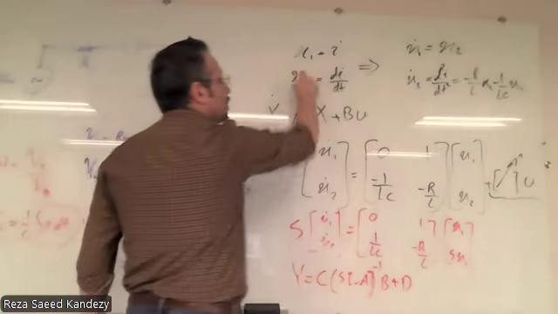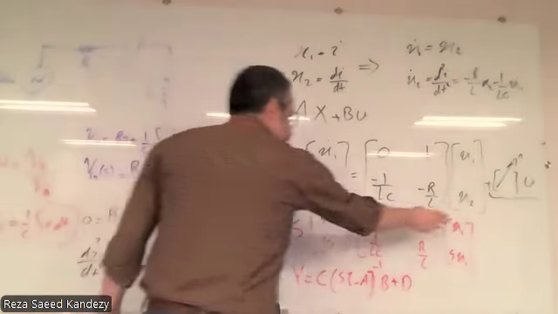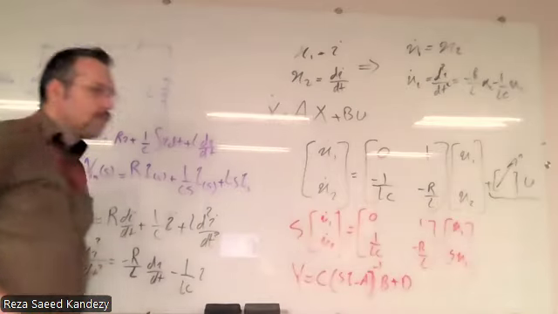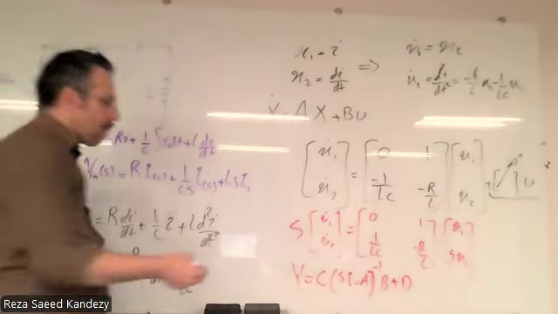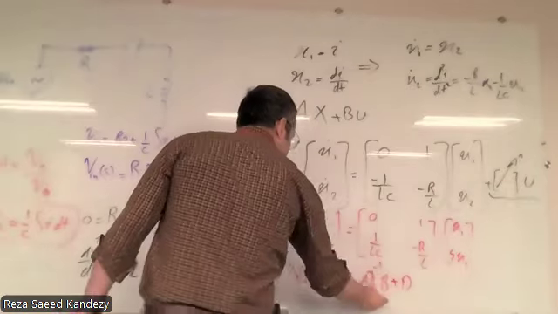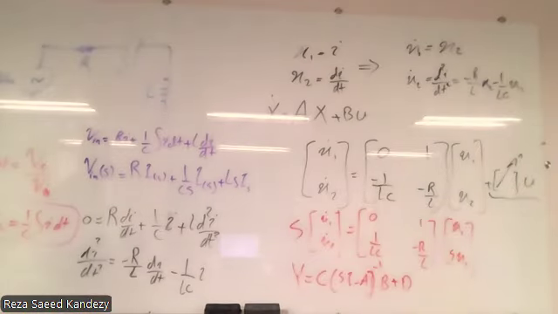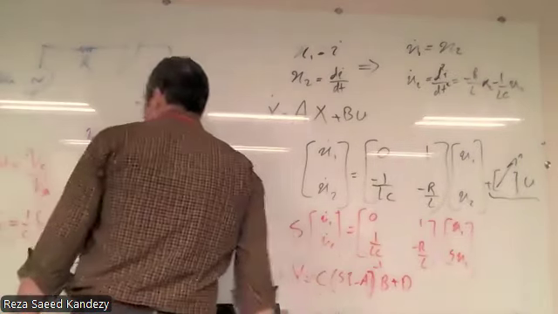X2 is the differential of x1, so it's sX1, right? Now, it doesn't work for us because our B is 0, and basically the first term, whatever it is, becomes 0. So we only have the D.